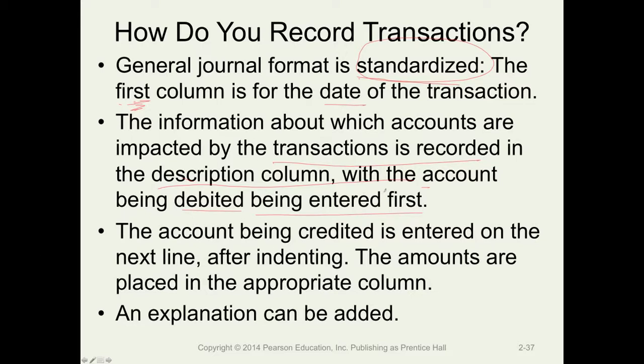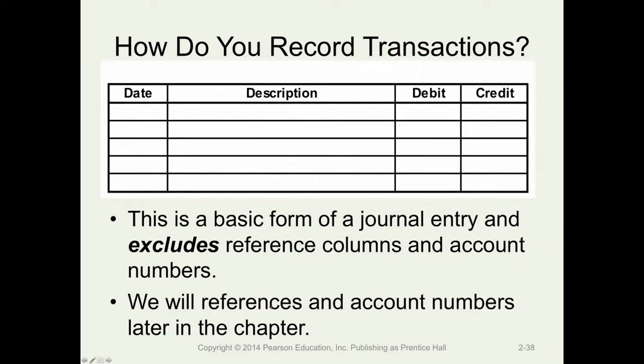And there could be more than one. As we said, you could have a compound entry, so there could be various accounts that are debited. And the same thing's true here. There could be accounts that are credited, and they go second, they're indented, and then finally the explanation. So let's take a look at that format.